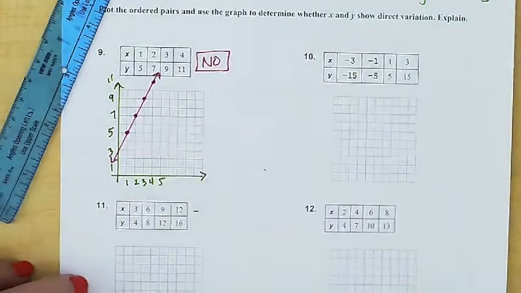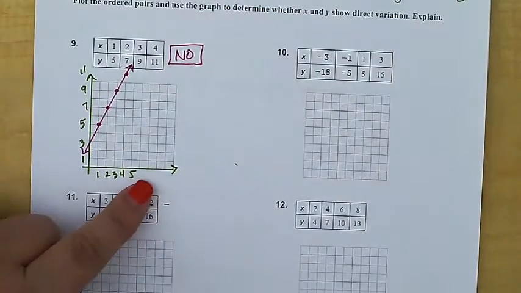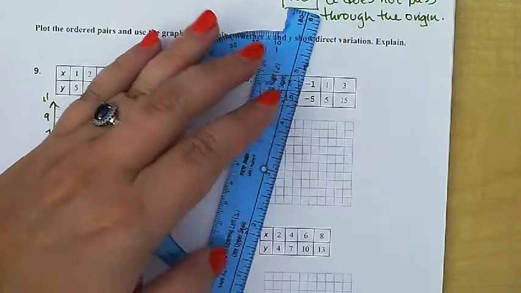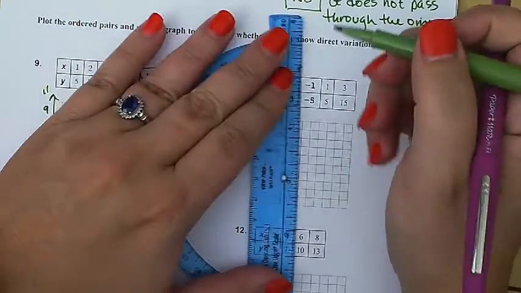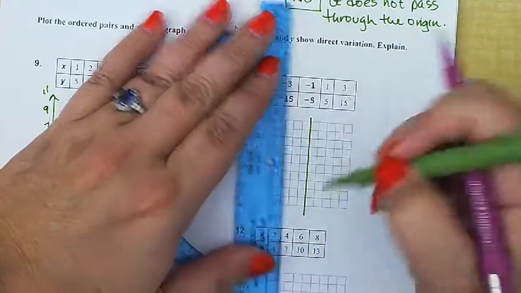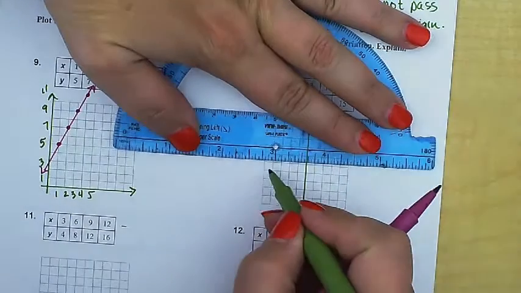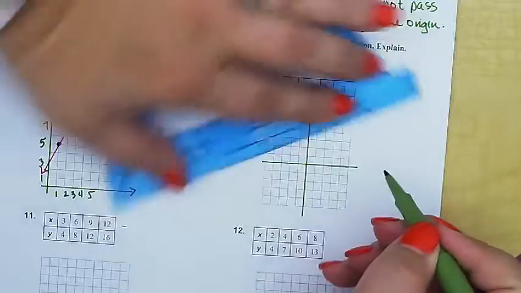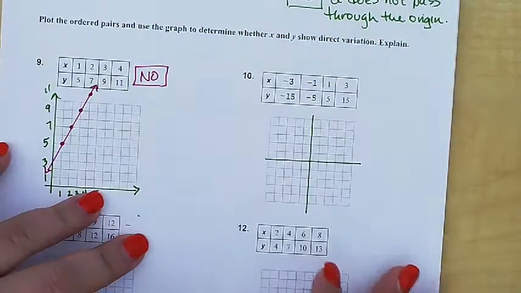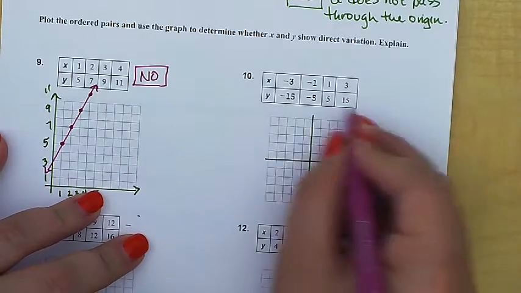Okay. Now let's compare that to number 10. So if we go ahead and graph this, this one looks like I have positives and negatives on both, so I'm going to do a centered 4-quadrant graph. I might even decide to go by something other than ones, but we'll cross that bridge in just a moment. Okay, so there's our graph. And if we start to plot, I think I'm going to go by 2's on the y-axis.